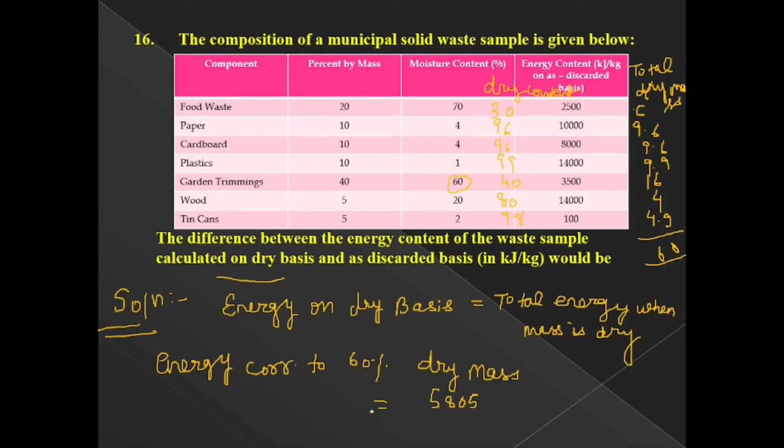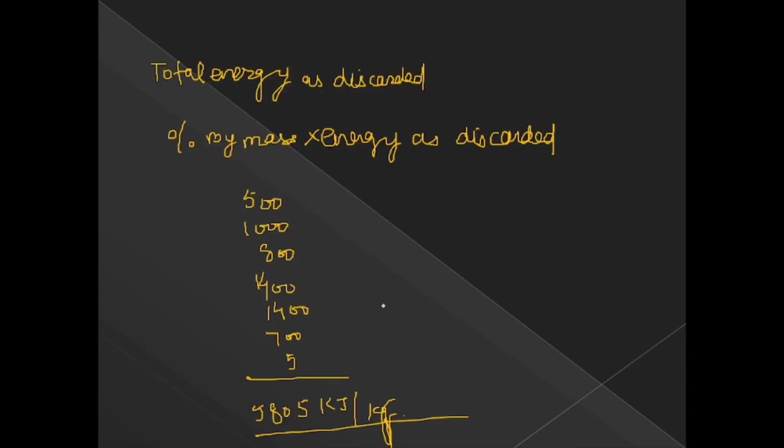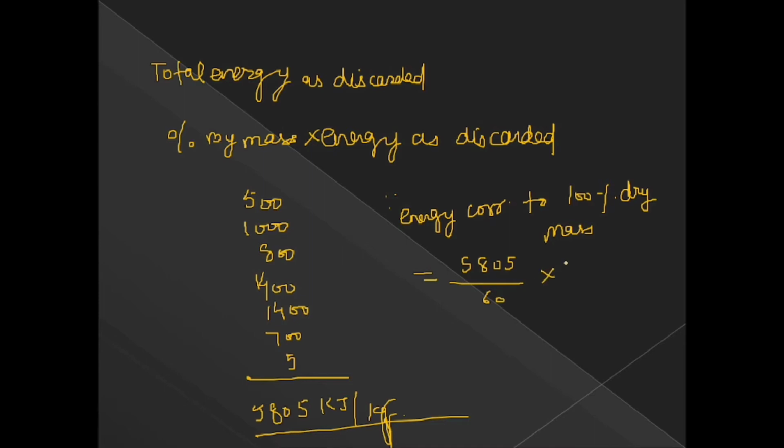Now, energy corresponding to 100% dry mass is equal to 5805 divided by 60 into 100, and after calculation I found the value as 9675 kilojoule per kilogram.